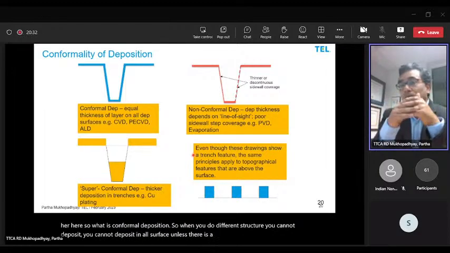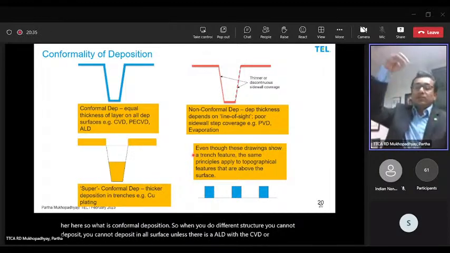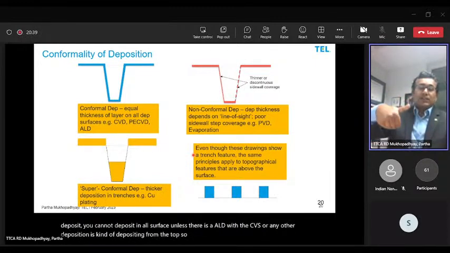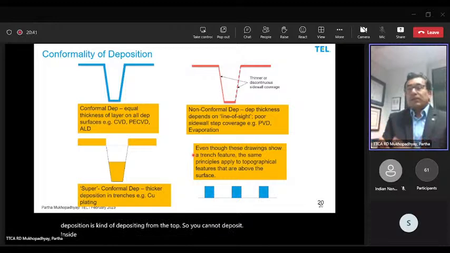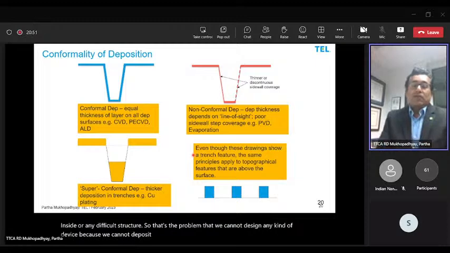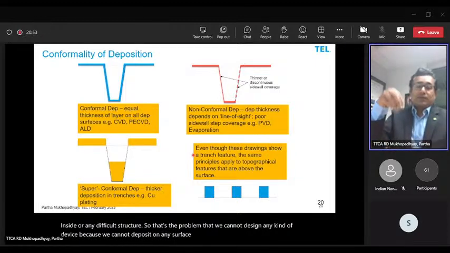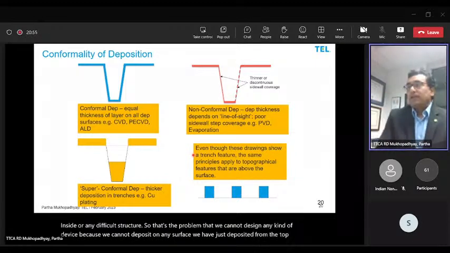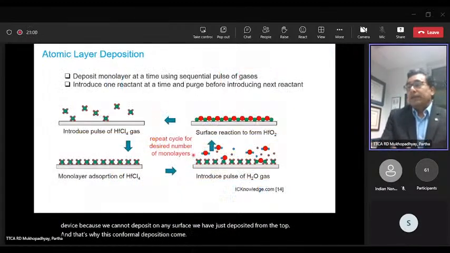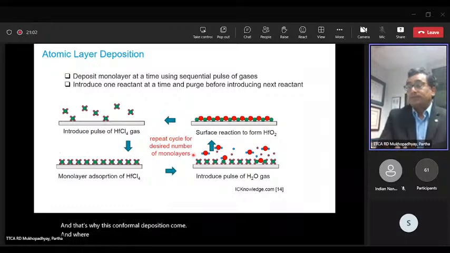With CVD or any other deposition, it's kind of depositing from the top. So you cannot deposit inside any difficult structure. That's the problem, that we cannot design any kind of device because we cannot deposit on any surface. We can only deposit from the top. And that's why conformal deposition comes in, where ALD could be very useful.